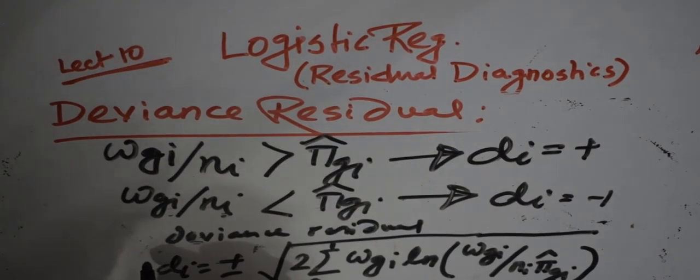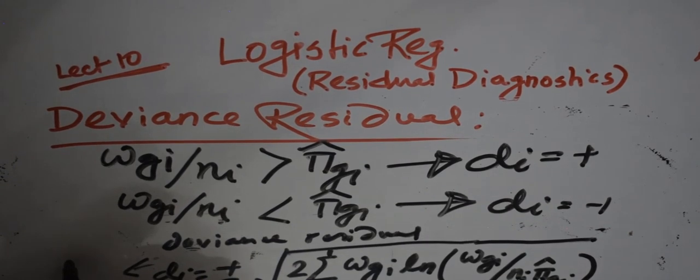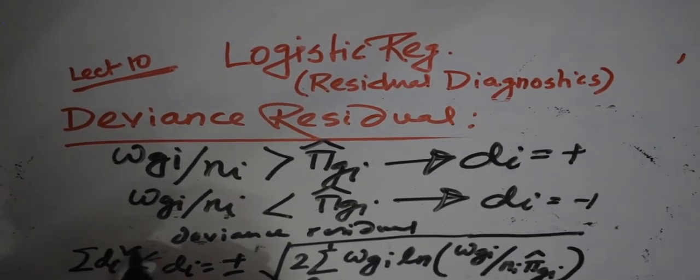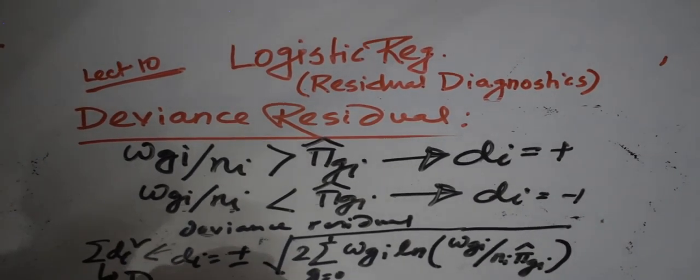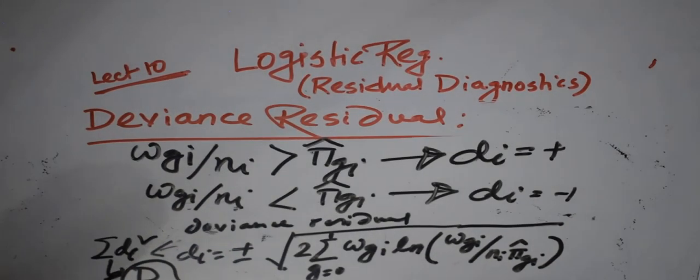Check that the sum over d_i square is nothing but the deviance statistic.